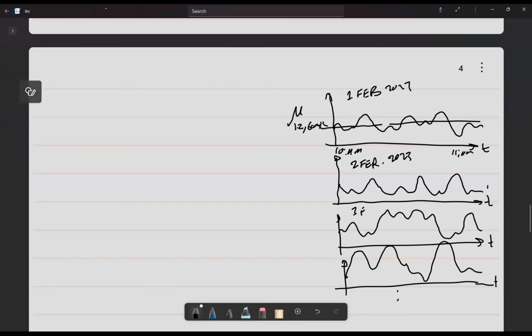But let us take the mean over all these experiments that you have done. Let's say you take it at time 10:30 in the morning, for all 30 days of February. So you take the mean here, and the mean here, and you take the average of all these means.